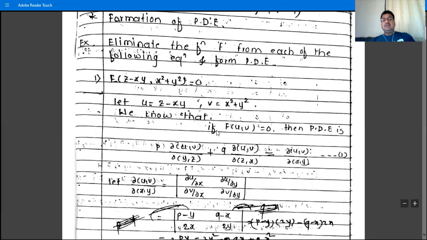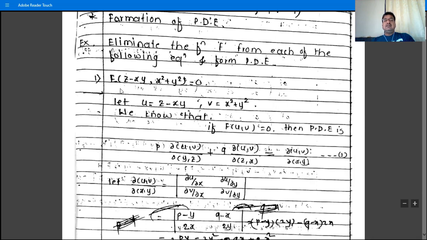And we know that if f(u, v) = 0, then the corresponding partial differential equation is this: p ∂(u,v)/∂(y,z) + q ∂(u,v)/∂(z,x) = ∂(u,v)/∂(x,y). So if the given equation is f(u, v) = 0, then the corresponding partial differential equation is this.